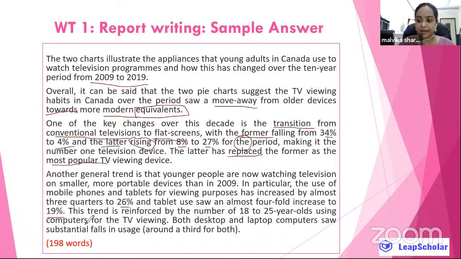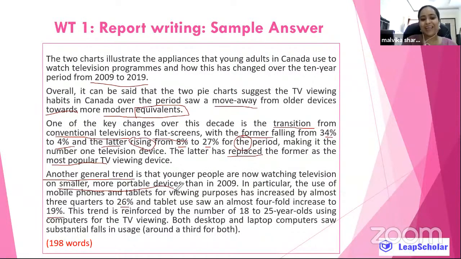What are the other details that we can really look into if we see the pie charts? So other general trend, look at the language, guys. Another general trend is that younger people are now watching television on smaller, more portable devices. Look at the beauty of language. Tablets, mobile phones, aren't those smaller in size and more portable than the complete television screen?